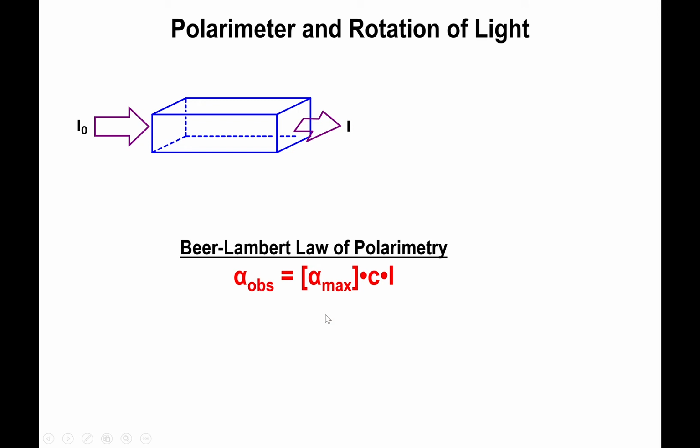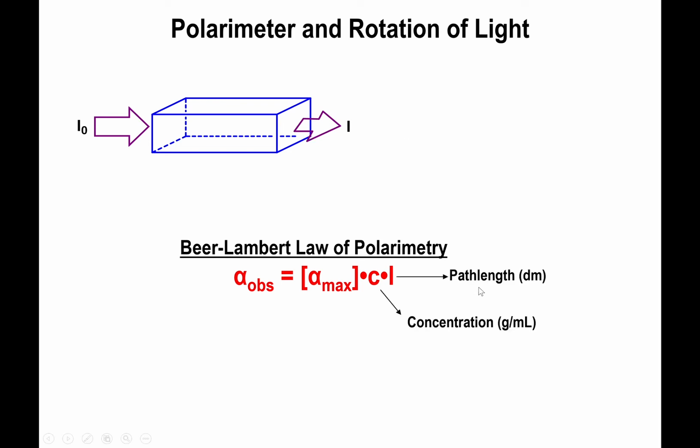So in a way, you can think of this as a Beer-Lambert law, roughly speaking. I call it the Beer-Lambert law of polarimetry, where the observed rotation is in essence equated to the maximum rotation of the sample times its concentration times the path length through which the light goes.